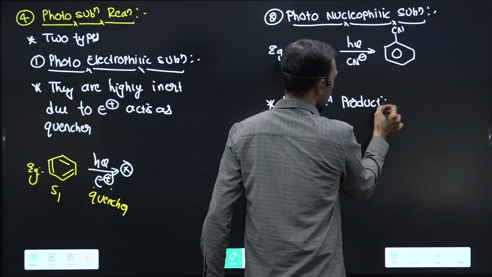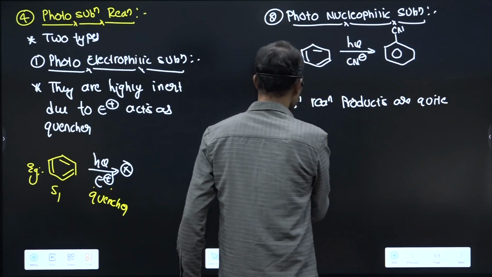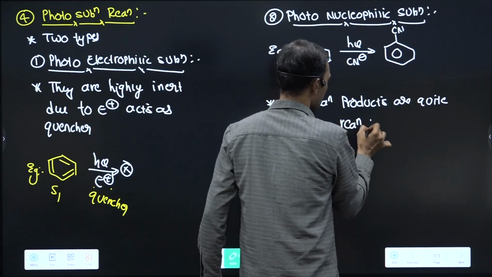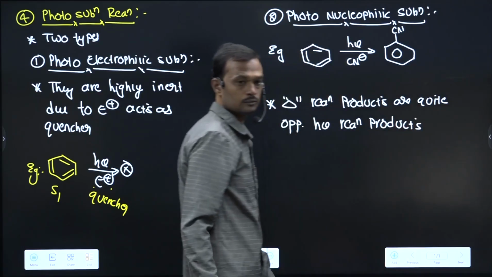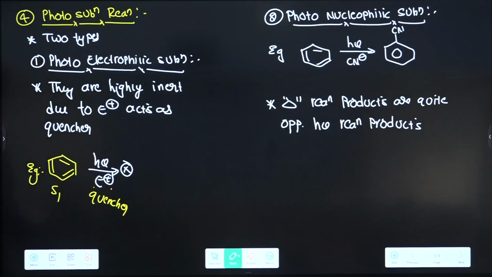Thermal reaction products are quite opposite to photochemical reaction products. Thermal products and photochemical products are not the same.